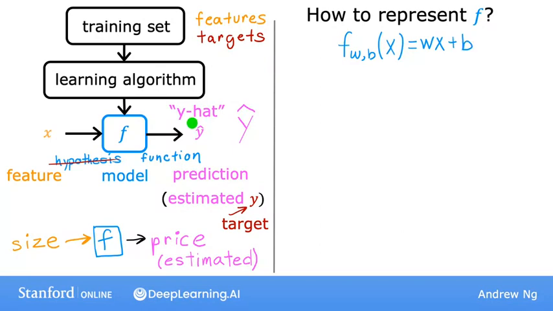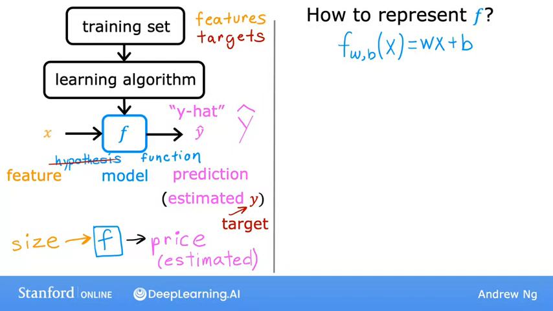I'll define w and b soon, but for now, just know that w and b are numbers, and the values chosen for w and b will determine the prediction y hat based on the input feature x. So this f_w,b of x means f is a function that takes x as input, and depending on the values of w and b, f will output some value of a prediction y hat.